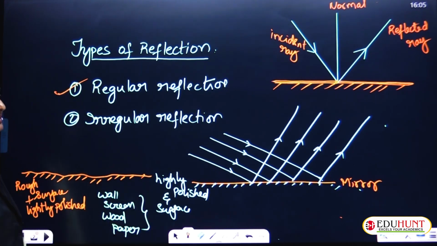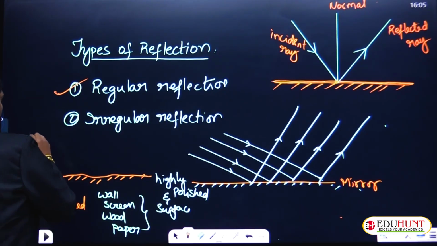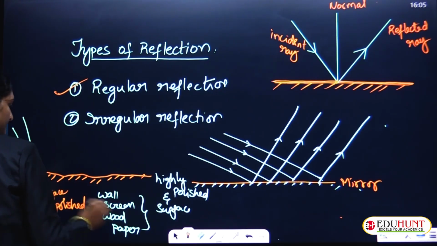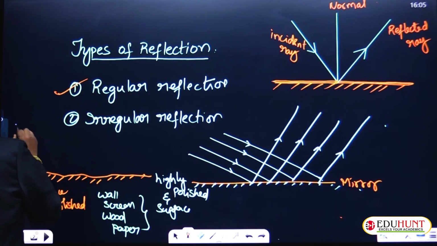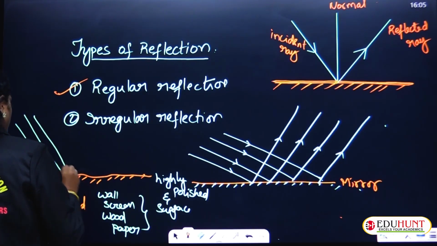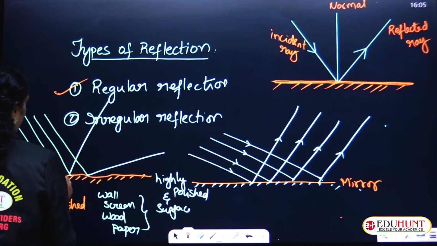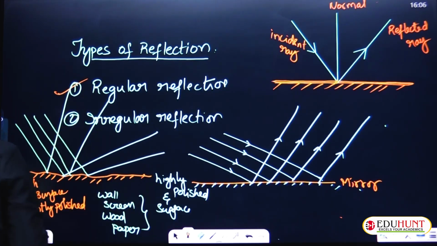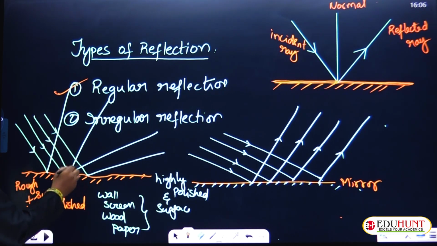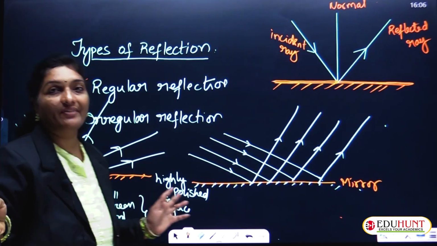If you observe these types of surfaces, the light beam falling on them is reflected back in an uneven manner.